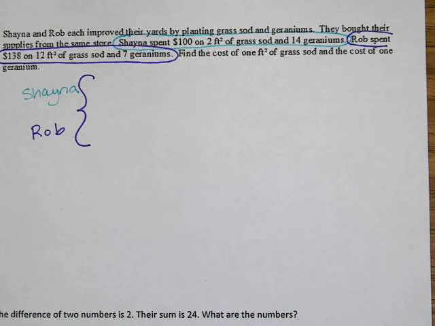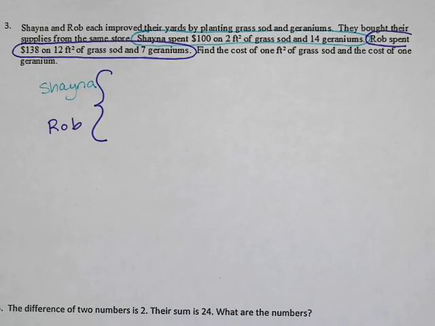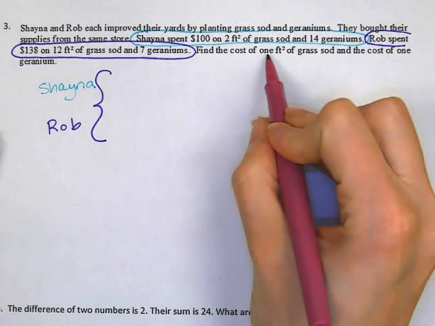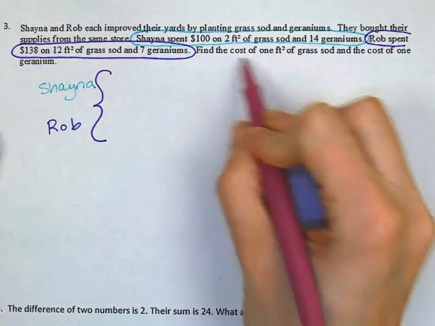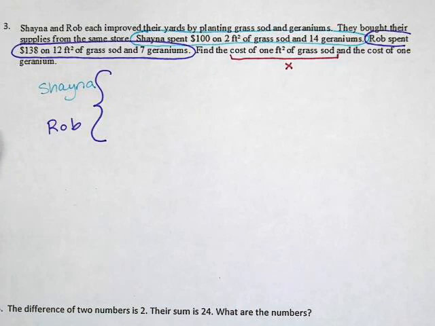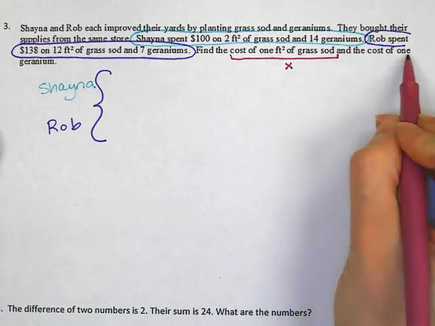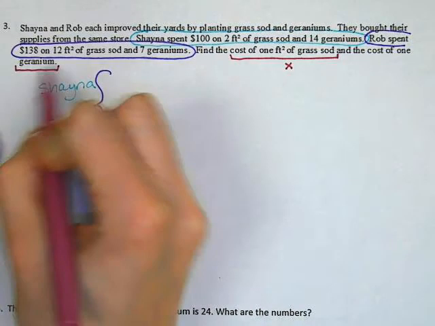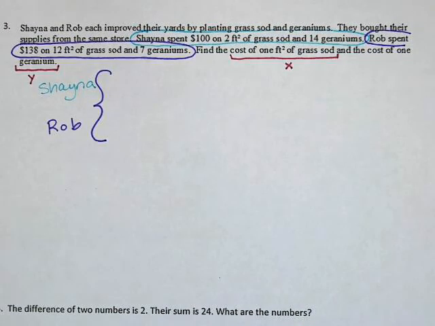Okay, but before we do this, should we figure out what our variables stand for? It says, what is the cost of 1 square foot of grass sod? So the grass sod, do you guys want to call that X? And then what is the cost of 1 geranium? Why don't we call that Y? But you guys can pick whatever you want. Okay, let's see if you guys can model Shayna's story.